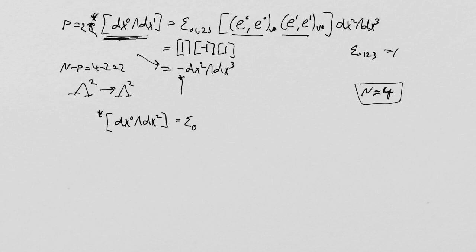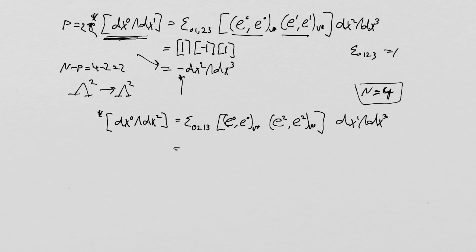So I get epsilon 0, 2, and then what's left? 1, 3, and then I get E0, E0, and V star, and E2, E2, and V star, dx1 wedge dx3, like that.